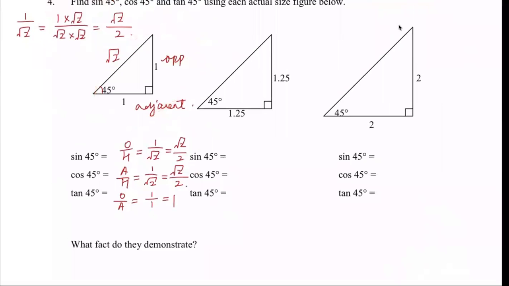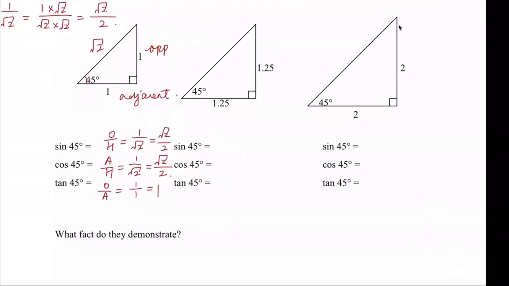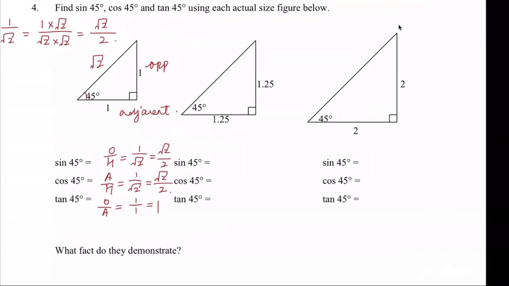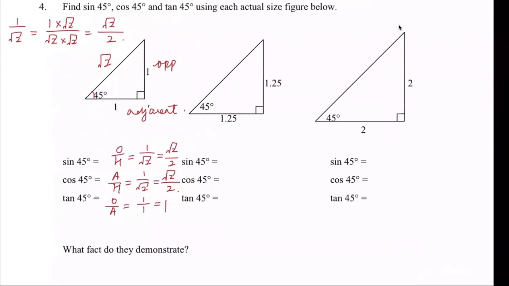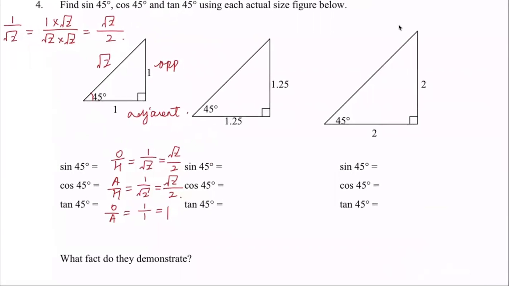Now let's look at the second graph where the two sides of the triangle are both equal to 1.25. So we can use the Pythagorean theorem: 1.25 squared times 2, and square root. I'm using a calculator now.